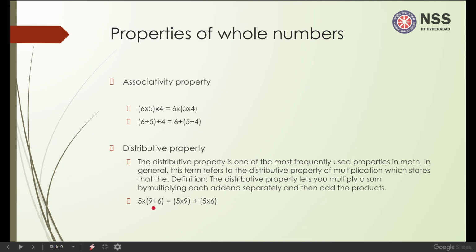So 9 plus 6 is 15, and 15 times 5 is 75. Now, if we apply distributive property, we get 5 multiplied by 9 and 5 multiplied by 6. So 5 multiplied by 9 is 45, 5 multiplied by 6 is 30. So adding these two, we get 75.